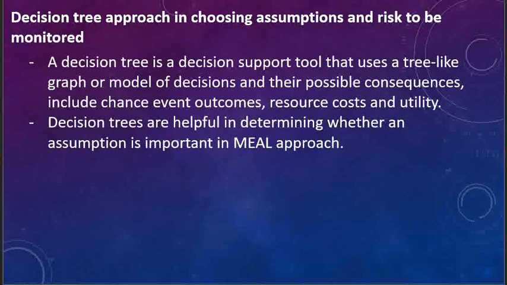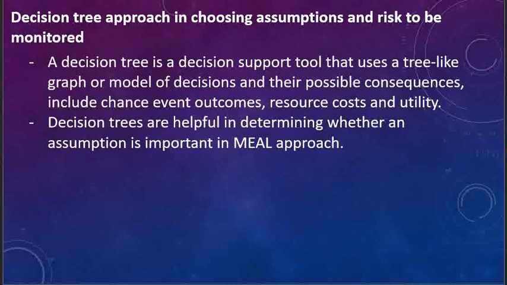These are the things that you have to have while having your project or the risks of the project in design. All right, so how can we decide which risks and assumptions to take into consideration in our project? We are going to use another decision tree to approach choosing assumptions and risks to be monitored. A decision tree is a decision support tool, just like the way that we have seen in the problem analysis, that uses a tree-like graph of decisions.